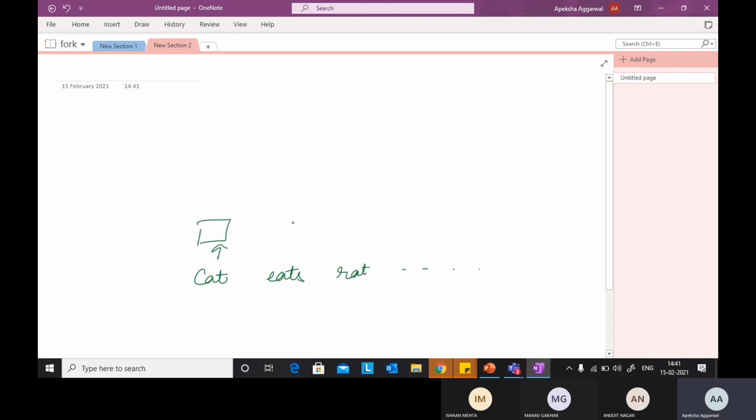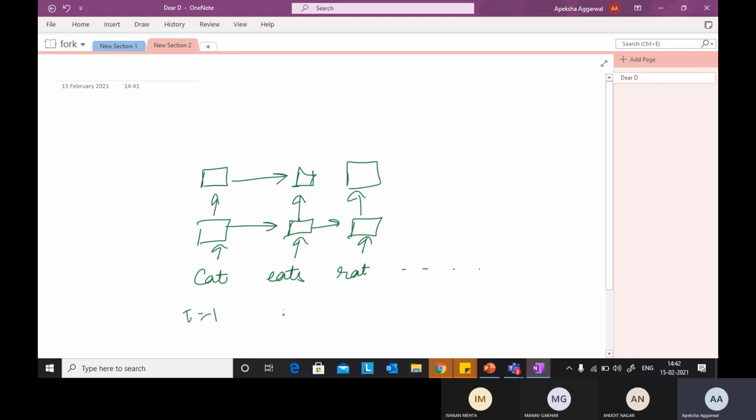In any sequence model, like RNN, LSTM, and if I'm having multiple layers, this is unfolded over time. So there's no concept of parallel processing. Once this has given output at t equals 1, the next will work at t equals 2, then at t equals 3. So there's no concept of parallel processing in this.